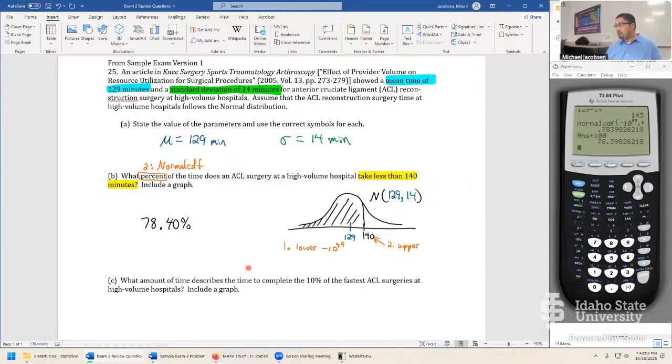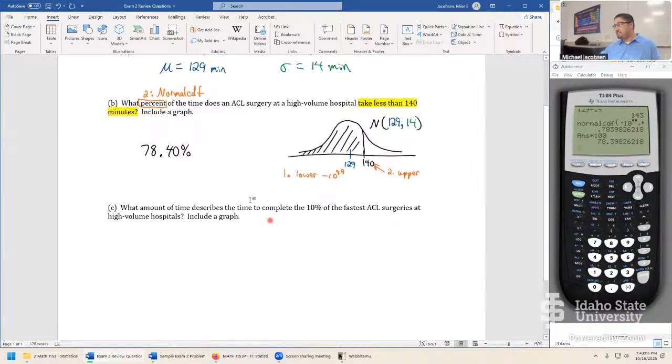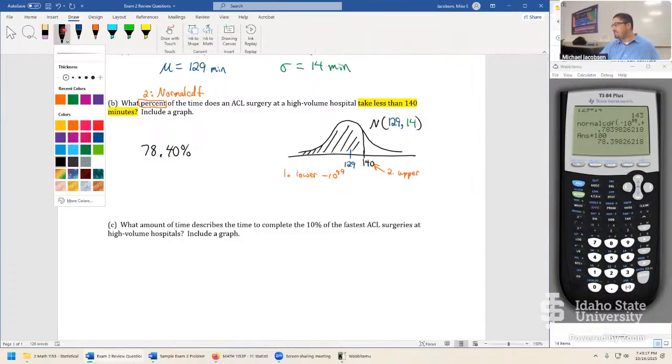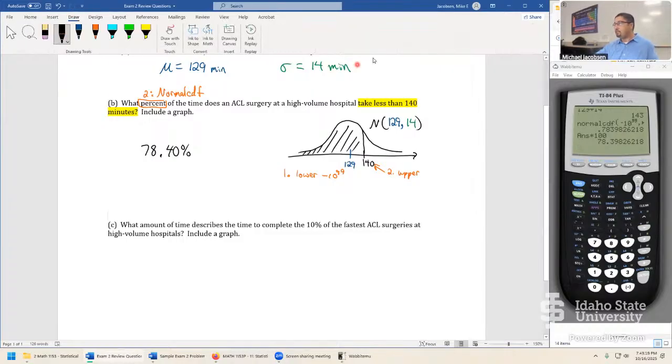Okay. The other interesting problem is when it gives us a percentage, it wants what amount of time describes the time to complete the 10% fastest ACL surgeries. One thing I did put on this axis is that this is, for the horizontal axis, time to complete the ACL surgery.